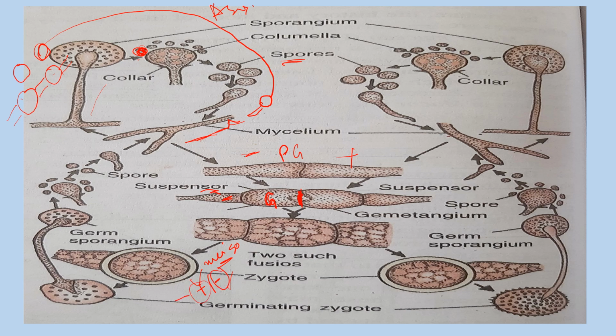These again undergo mitosis, and several nuclei of the same strain, either positive or negative, are produced.